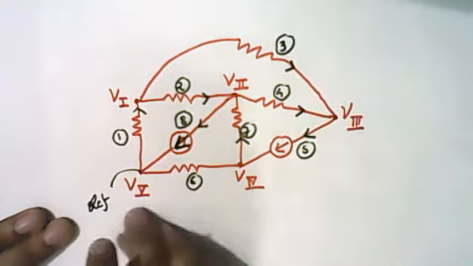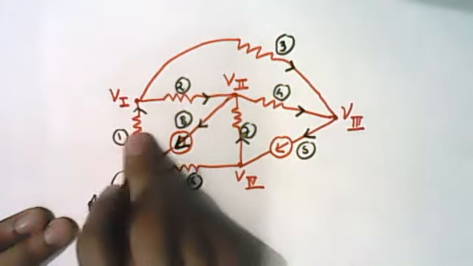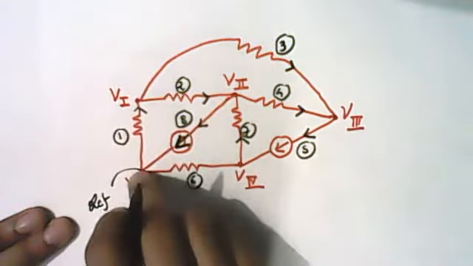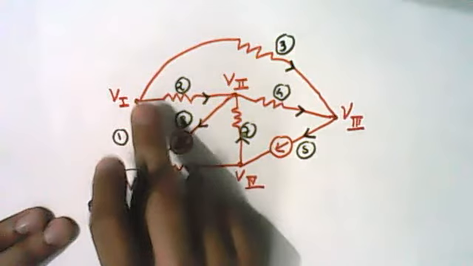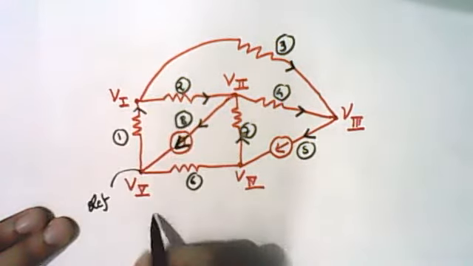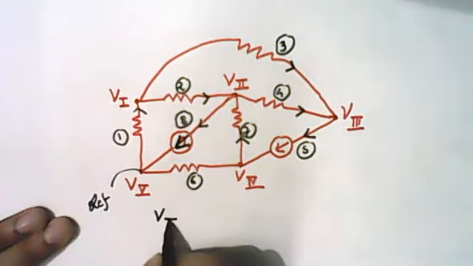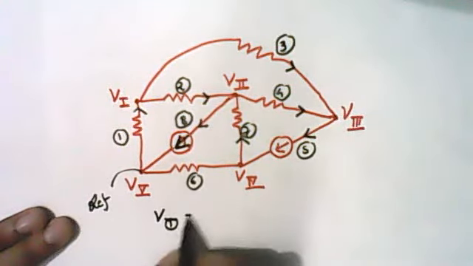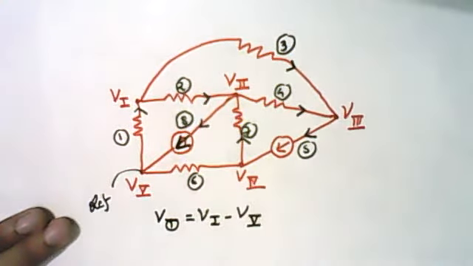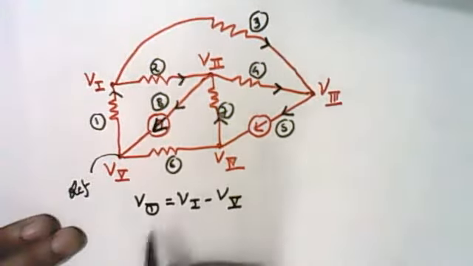Now if you want to represent the component or element voltage in terms of node voltage, how would you write it? How did we write it? Remember, we would have written V1 equals V first minus V fifth, right? We were writing it like this.